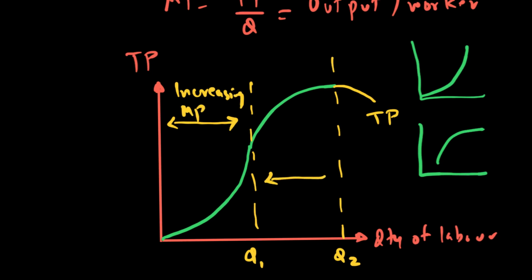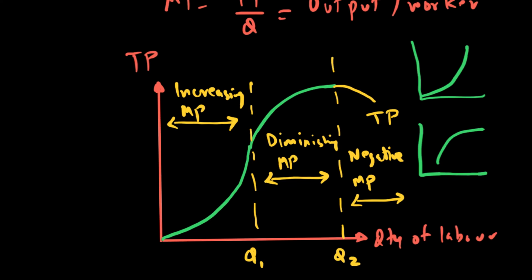And then when total output starts to rise slowly or increase at a slower rate, we call it diminishing MP. And then when TP is falling, we call it negative MP.